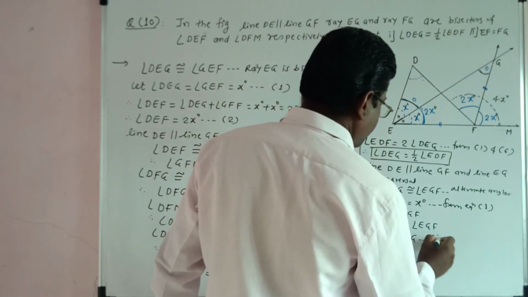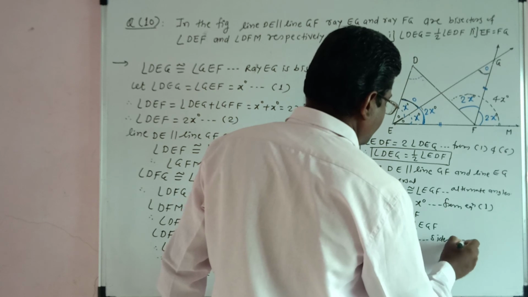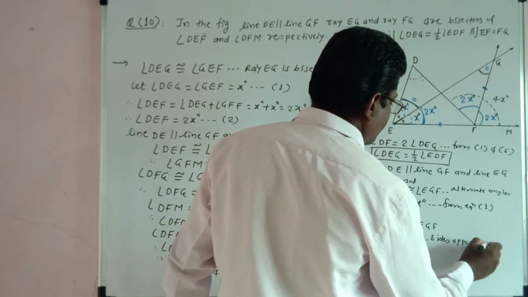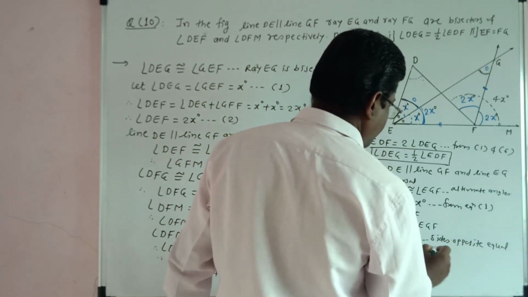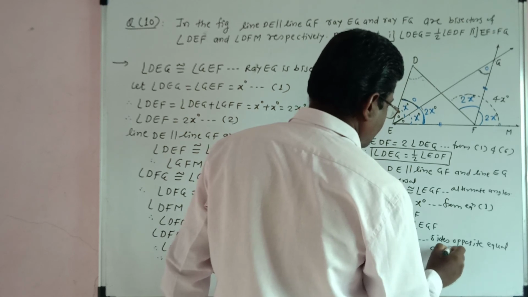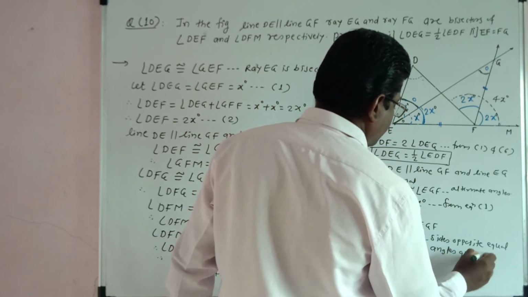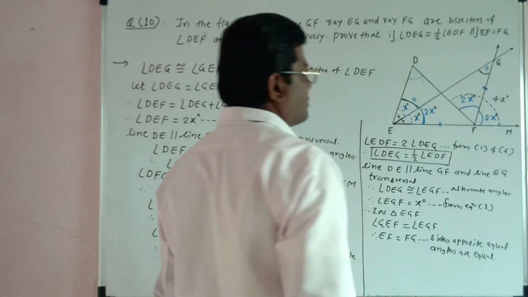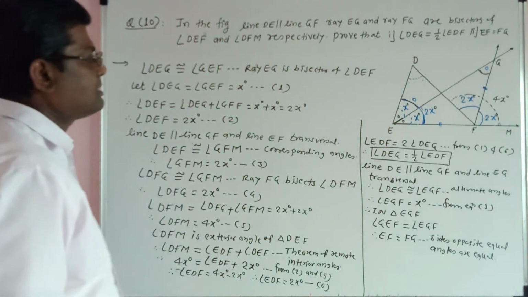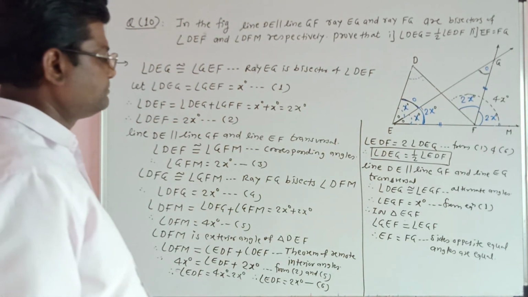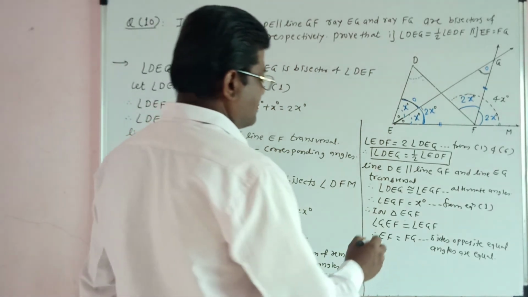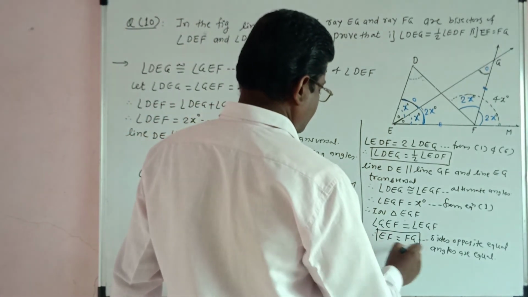Sides opposite to equal angles are equal. This is also called the isosceles triangle theorem. And this is the second answer.